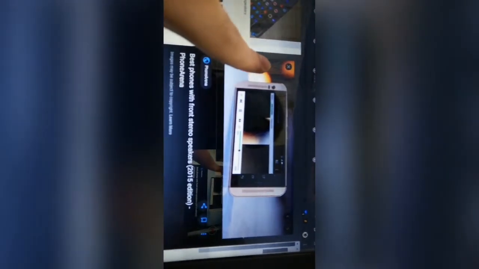But the stereo speaker is like this. It has two, one at the bottom and one above, at the top and the bottom. The stereo has speakers at the bottom and the top of the smartphone.